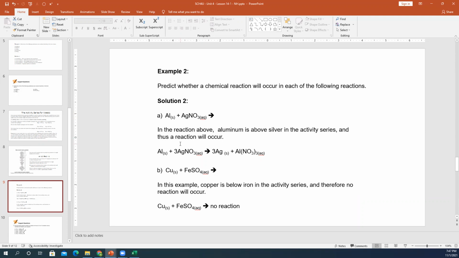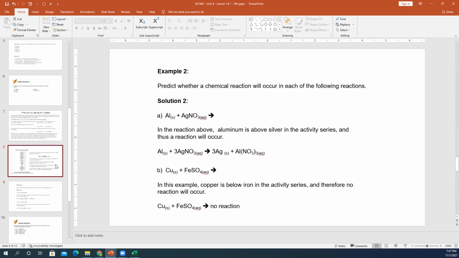Will a reaction occur or not? So in this reaction, we'll take a look. We have to look at the two metals, aluminum and silver. Let's look on the activity series and see who is higher than whom.